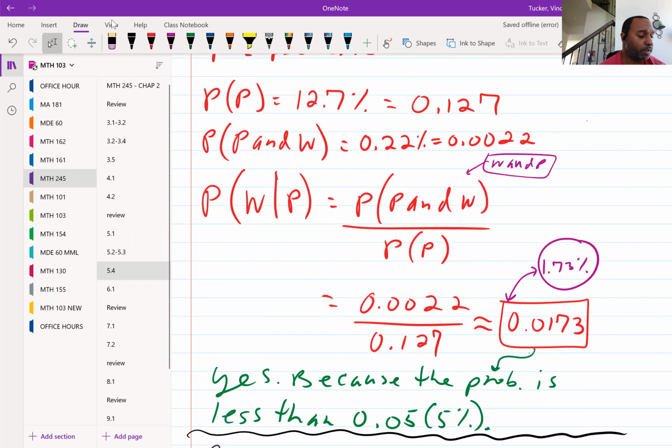Remember that was our marker for whether something is unusual, if it's less than 5%. Any questions? Any questions?